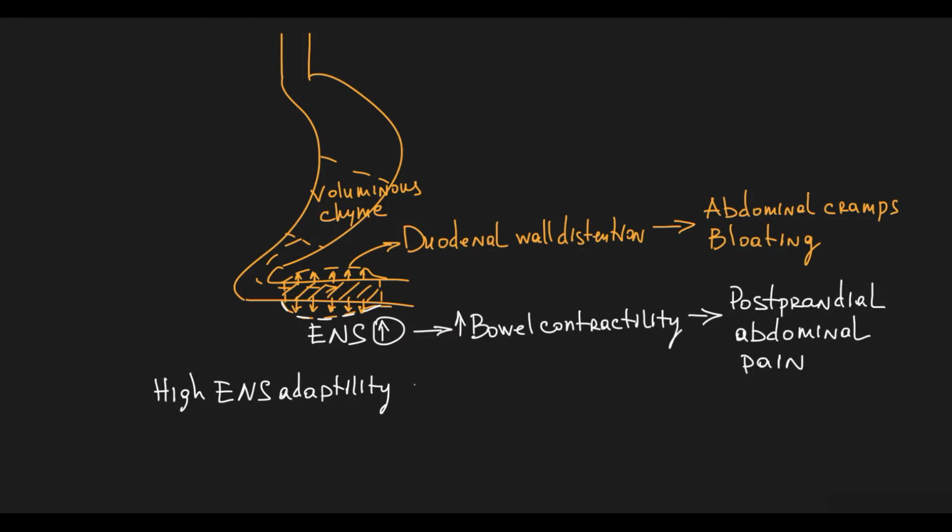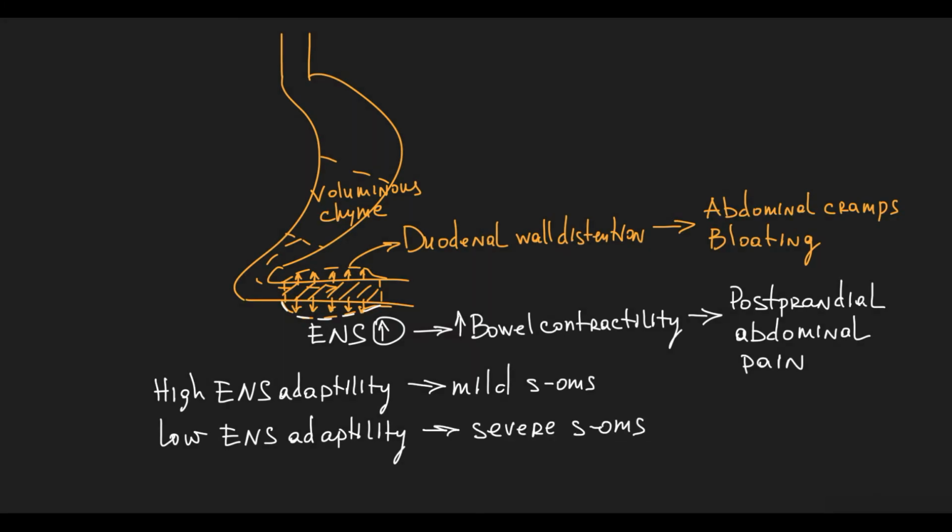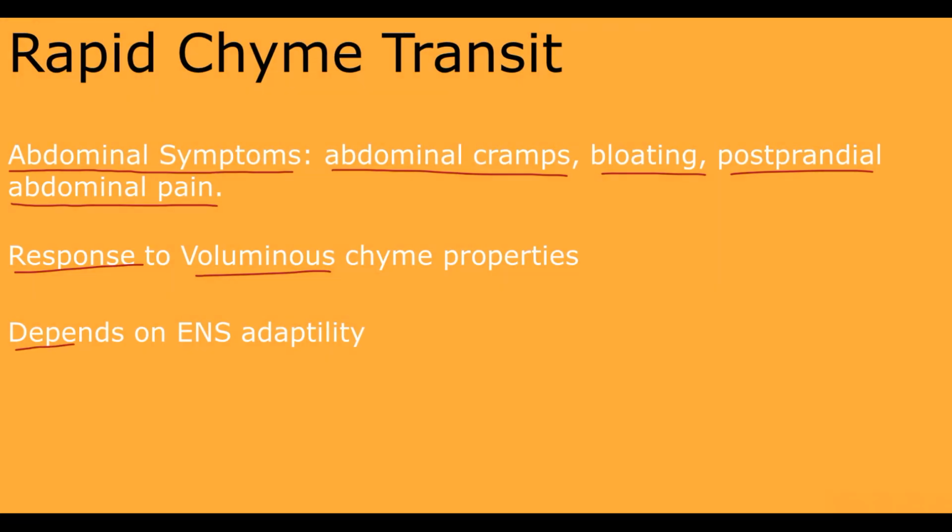With adaptation, dumping symptoms become milder, and in some cases adaptation eventually results even in complete resolution of dumping symptoms. But in patients with low adaptability, these symptoms last longer and can be very severe. So this mechanism hugely depends on enteric nervous system adaptability.